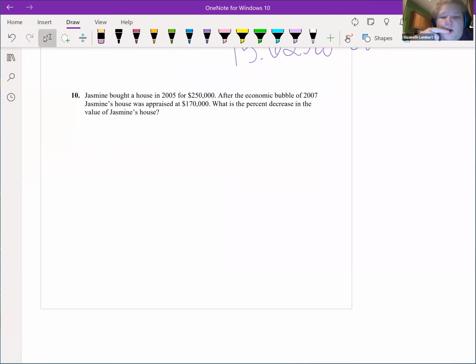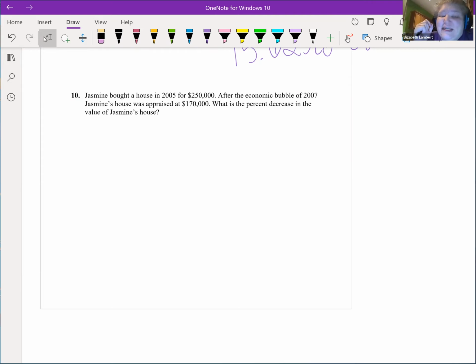And then our last one. Jasmine bought a house in 2005 for $250,000. Lucky her. After the economic bubble of 2007, Jasmine's house was appraised at $170,000. Ouch.